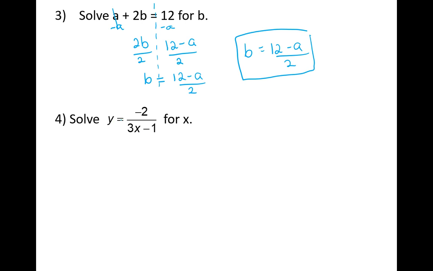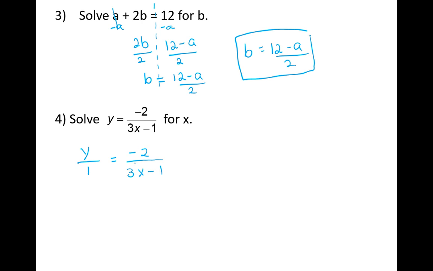And now it says solve this one for X. Now this one's a bit harder. There are a couple of approaches you can use for one that looks like this. One of the things I think that helps students a lot is to write it more like a proportion. Say y over 1 equals negative 2 over 3x minus 1.